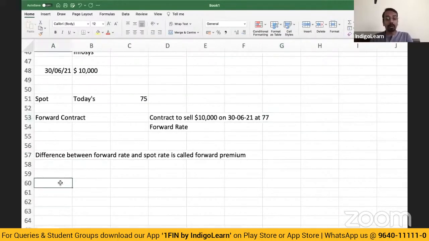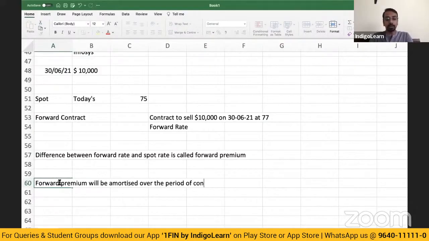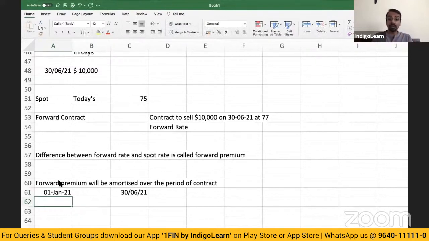And what do we do with this forward premium? Forward premium will be amortized over the period of the contract. What is the period of the contract in our case? We sold the goods on 1st of January of 21, till 30th of June of 21. A 6 months period. 3 months fall in the first financial year, 3 months fall in the second financial year.